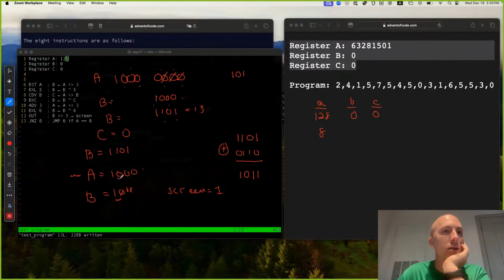Doing that new trick where I just count the number of zeros, it's just 2 to that number. And then B went from 0 to 1011. So this is 8 plus 3. So this is 11. So B is 11 now. And C is 0.